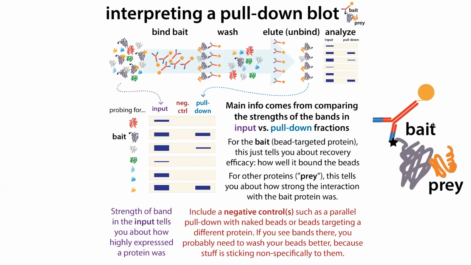You can also have indirect binding, or binding that's facilitated through nucleic acids. If you have a DNA or RNA binding protein, the interaction between these two might not be direct. It might be that they're both bound to the same site on an RNA or on DNA. To test for this, you can introduce a nuclease, like an RNase or a DNase, to degrade that nucleic acid and see whether that interaction still holds.